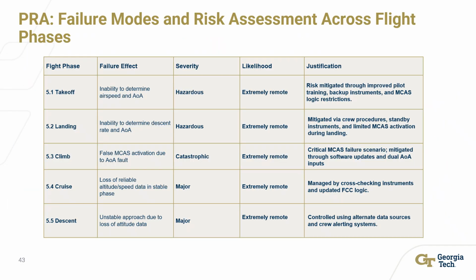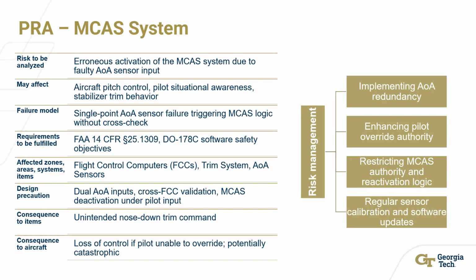This slide categorized the failure mode across the flight envelope. The takeaway here is that situational awareness and trim authority are most critical during these high-risk phases. So on this slide, the MCAS PRA analysis outlines the failure consequence of activation.